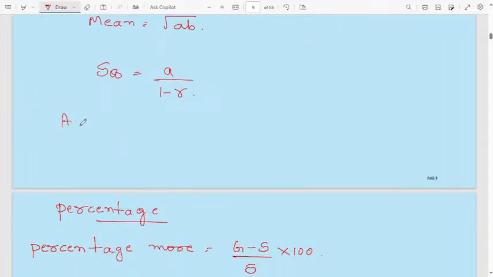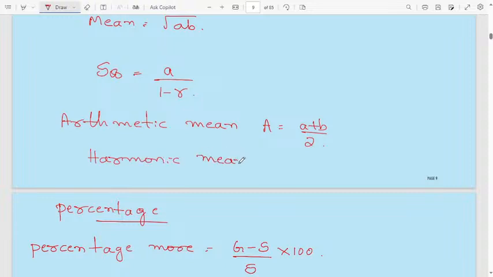Arithmetic mean, what is the formula? It will be a plus b divided by 2. Harmonic mean, 2ab divided by a plus b.